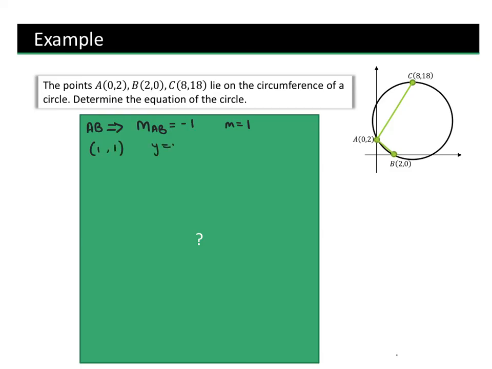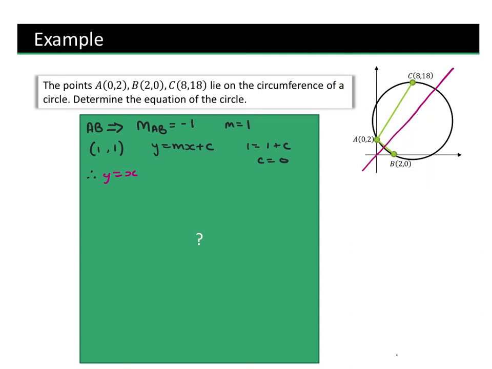So if we were to do y equals mx plus c, I'm going to get 1 equals 1 plus c, c equals 0. So therefore, the perpendicular bisector, so this line here, is in fact the line y equals x. Okay? Because our plus c is 0. Perfect.